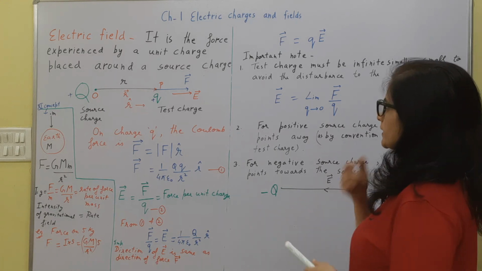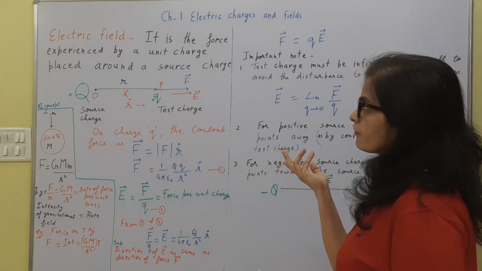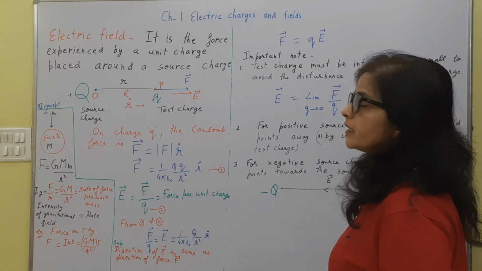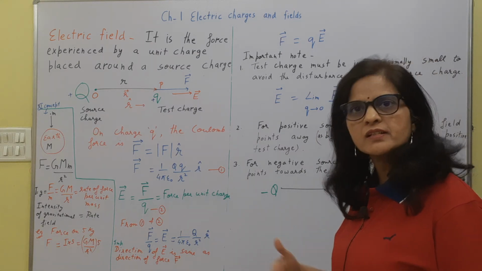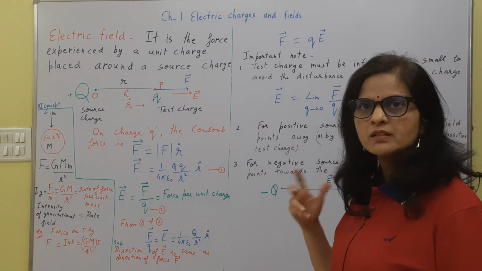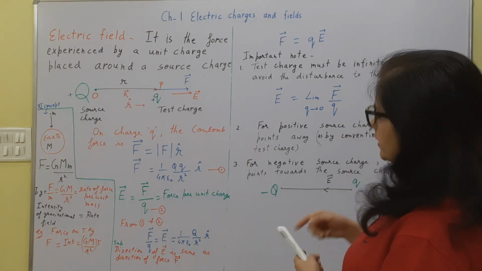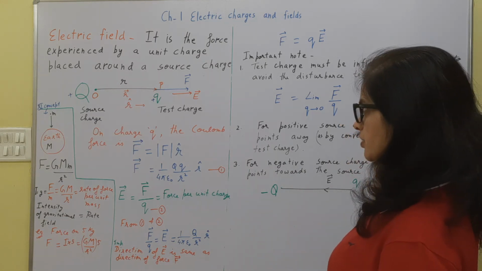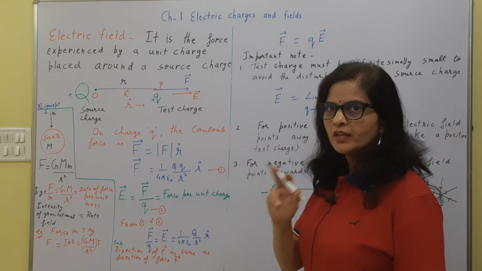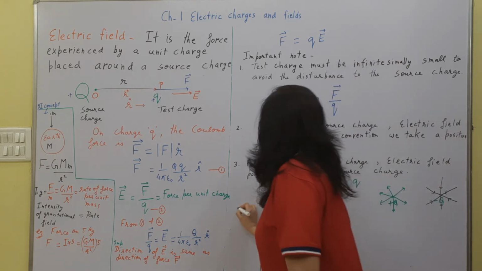Right? And that means it gives us the rate at which the electric force is exerted on any charge placed around the source charge. Then we can mention that electric field is also a vector quantity as electric force.